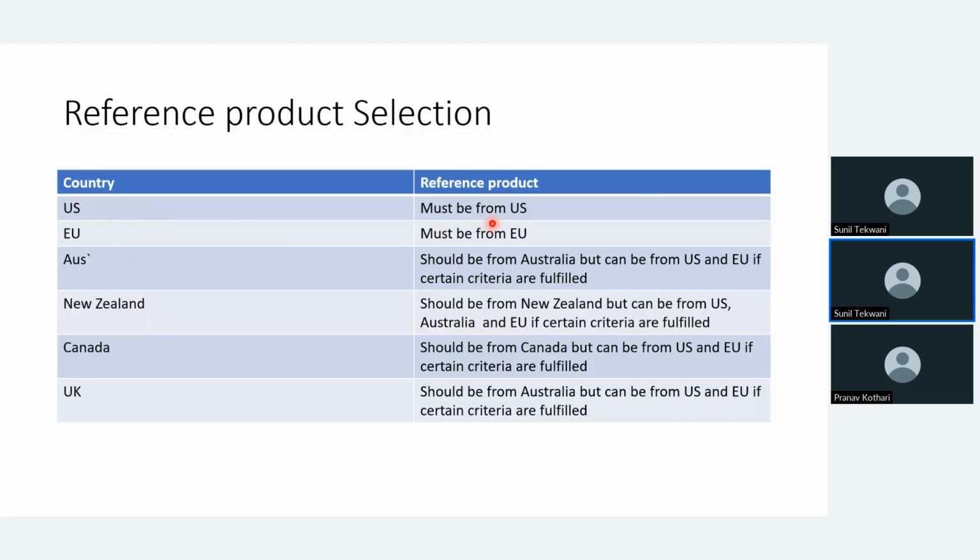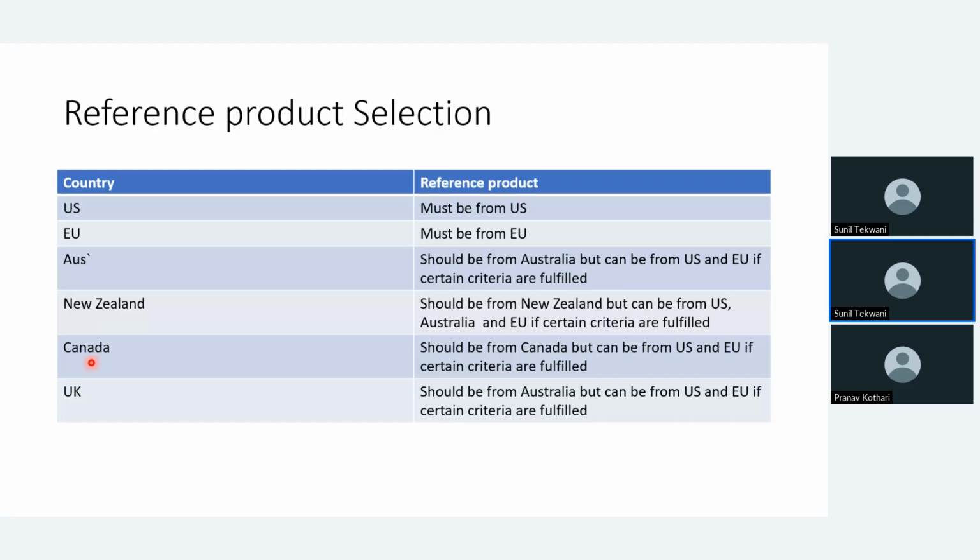How will you search for the reference product? For the US, you will search in the Orange Book. There is a separate column of RLD. RLD and RS, you can search the reference product there. For the EU, you can search on the MRI index or public assessment reports. In Australia, you can search on the EBS portal. New Zealand also has its own database of reference products.